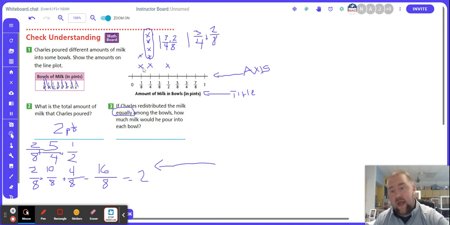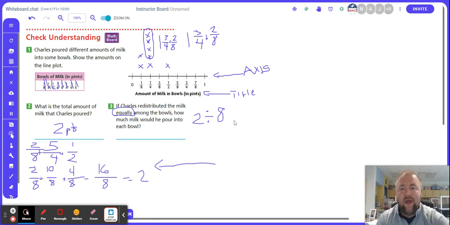In this problem, we had an eighth here, an eighth here, a fourth here, a fourth here, a fourth here, a fourth here, a fourth here, and a half there. When they're talking about redistributing equally, that means if we were going to find the average per bowl, how would we do that? Well, we take our total, which was 2, and we're going to divide that by however many bowls we have. And we have 1, 2, 3, 4, 5, 6, 7, 8 bowls.